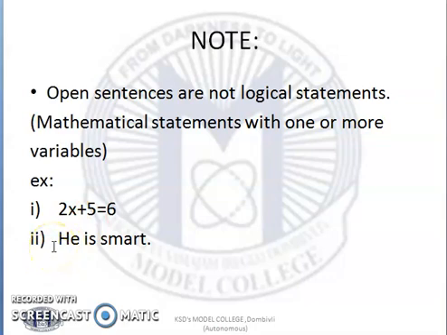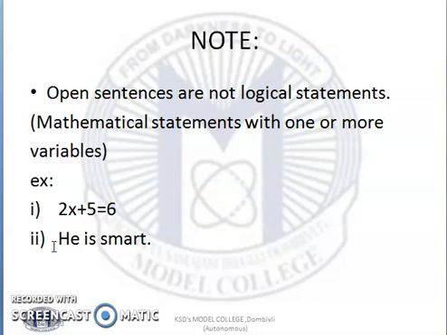Second example is, he is smart. Who is he? We don't know. Specifically, if you are talking about someone, then you can say he is smart. But here, person-wise, situation-wise, the meaning of that sentence changes.